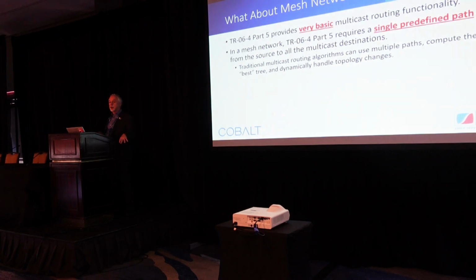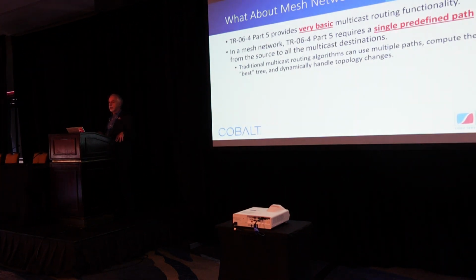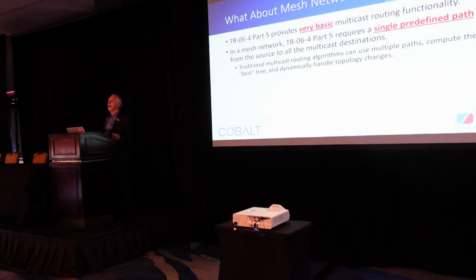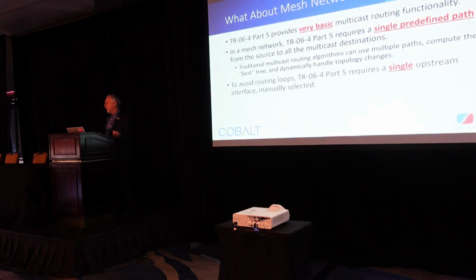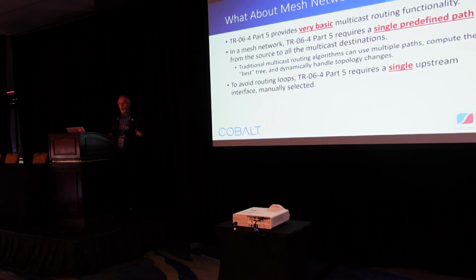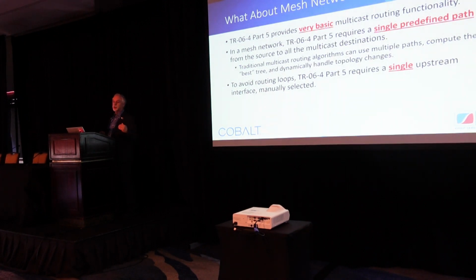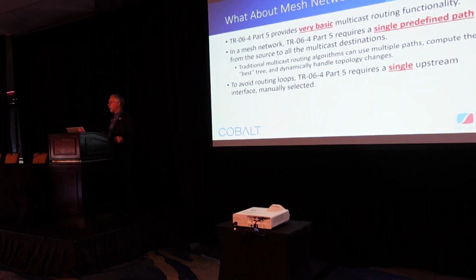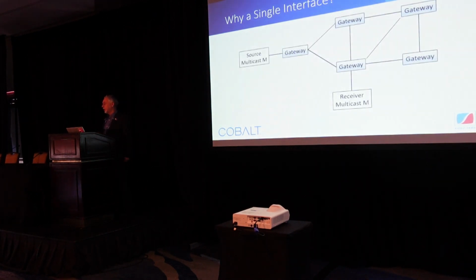The traditional multicast routing algorithms are complicated the way they are because they compute the best tree and they handle topology changes. So to avoid routing loops, if you're going to go for part 5, you need to determine one interface, a single upstream interface. You cannot have multiple upstream interfaces, and you have to manually select that. You don't like that, drop in a routing protocol.